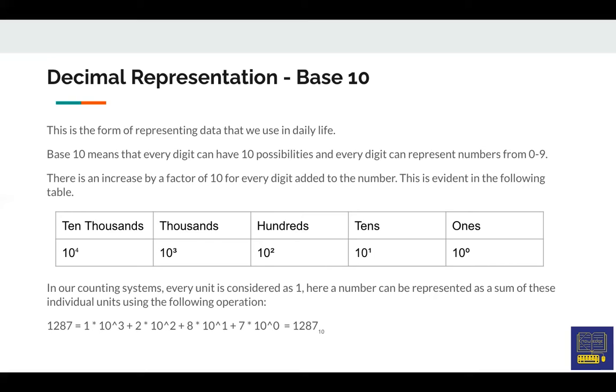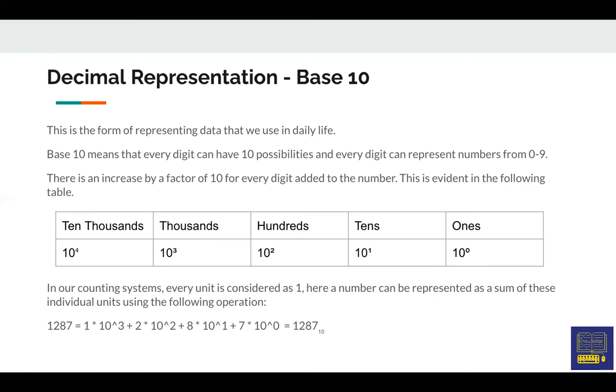I'll refer to them as units. To calculate how many units are there inside of it, you take the digit and multiply it by the power of 10. So 7 is the 0th digit, or the least valued digit, and you multiply it by 10 to the power 0. You can see that right here. Then you have 8 times 10 to the power 1, and you continue doing that. So essentially you understand that this has 1287 separate units.